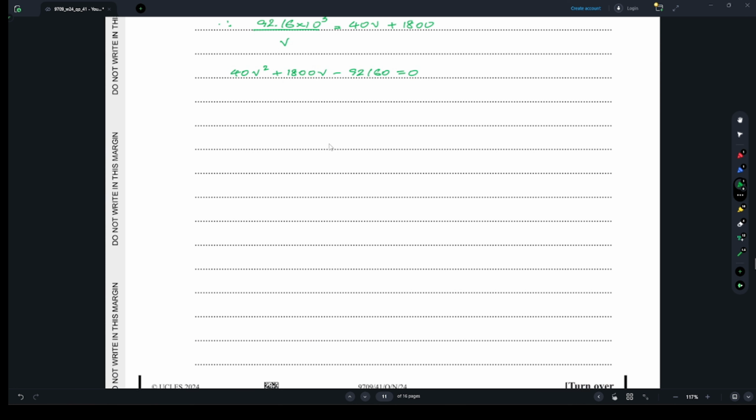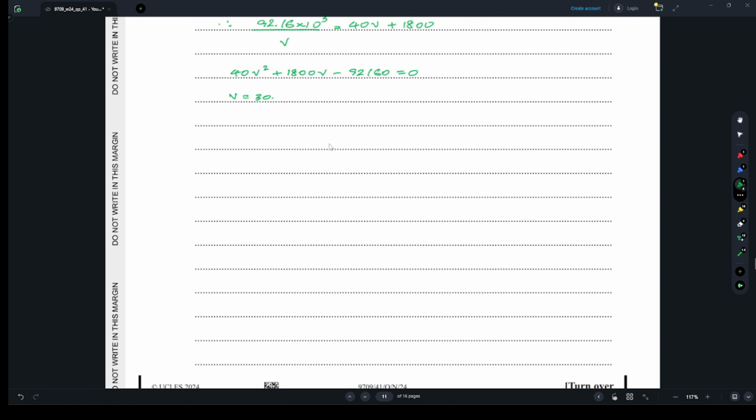If you want, you can divide all by 40, or you can directly use the calculator to solve this quadratic equation. So you can use the formula, and you will receive two values.